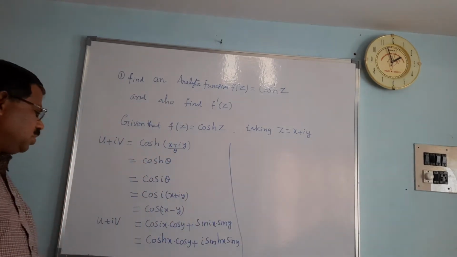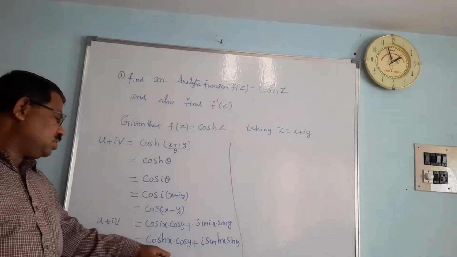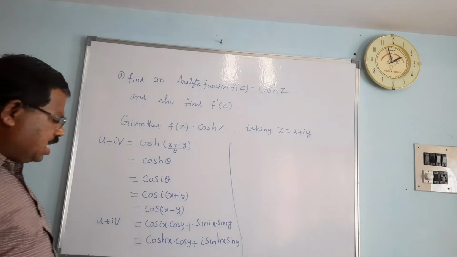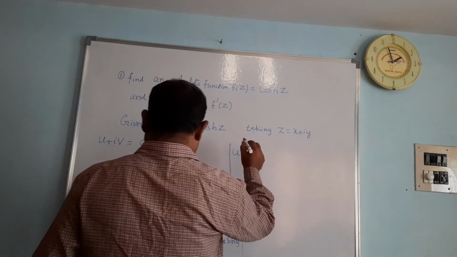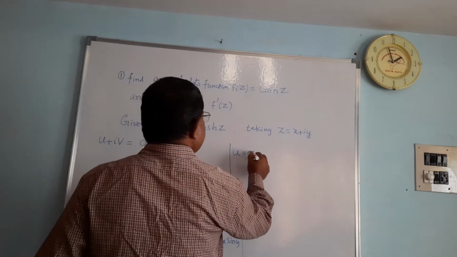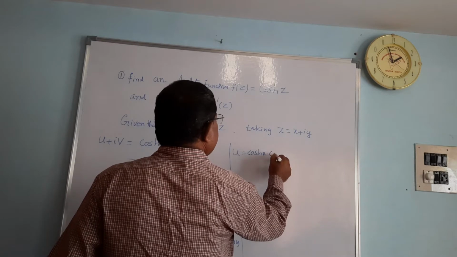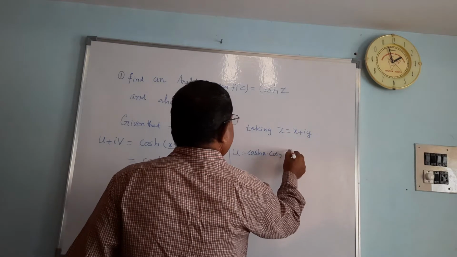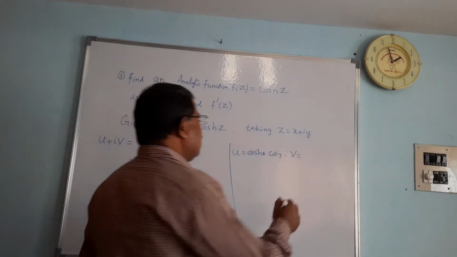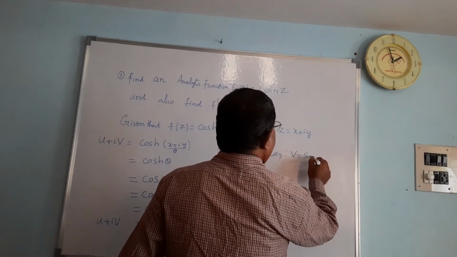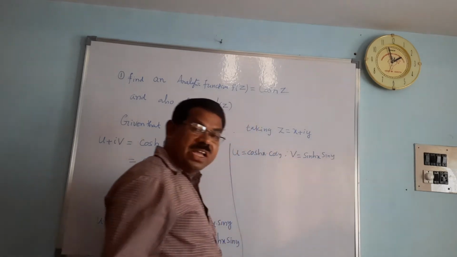Now we got u as the real part and v as the imaginary part. Write down u and v. u is cosh x cos y. v is sinh x sin y.